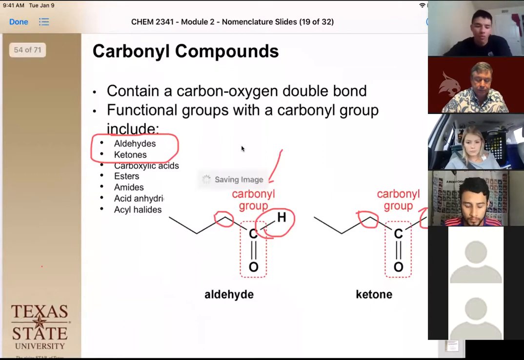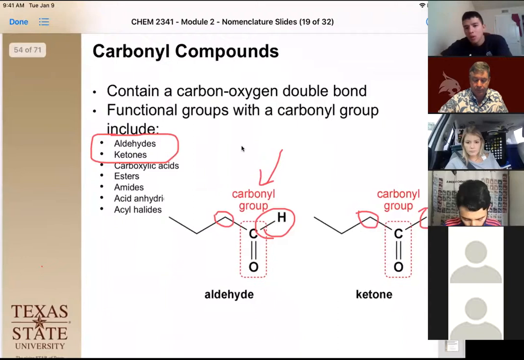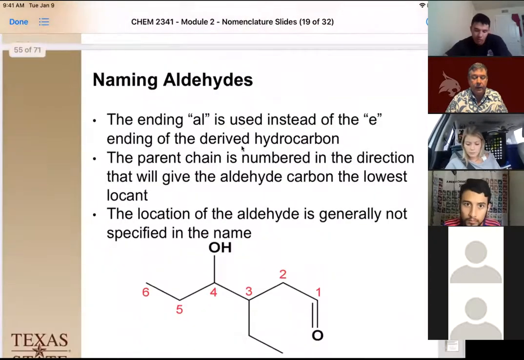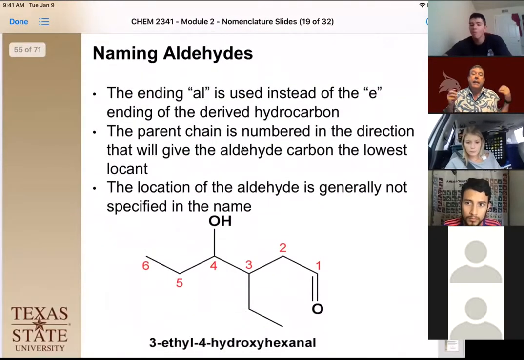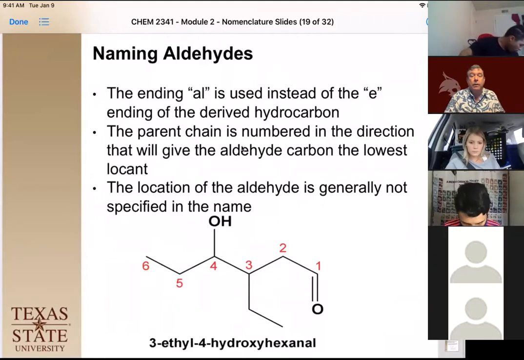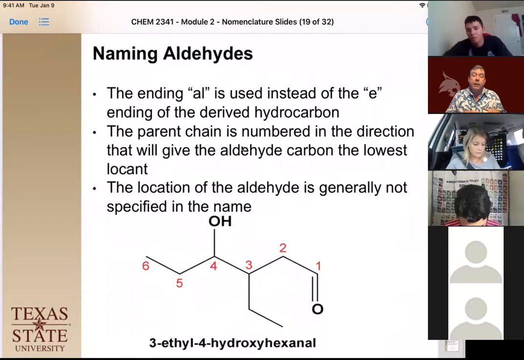So let's look at the rules that we have. If aldehyde is the highest order functional group in our system, we name the compound for it. One of the lower ones we had was the alcohol, but the aldehydes are above it.